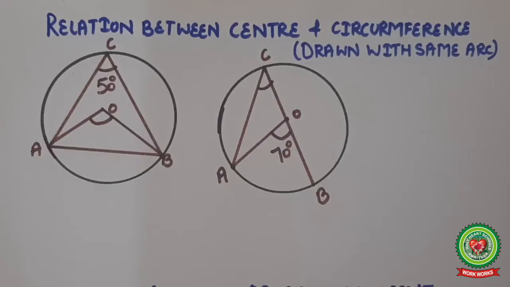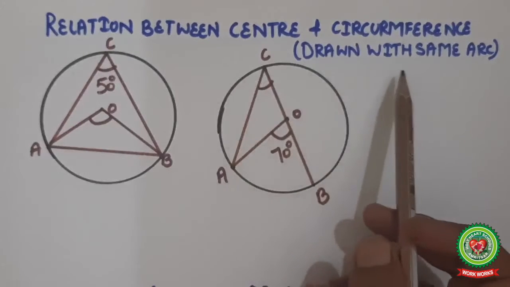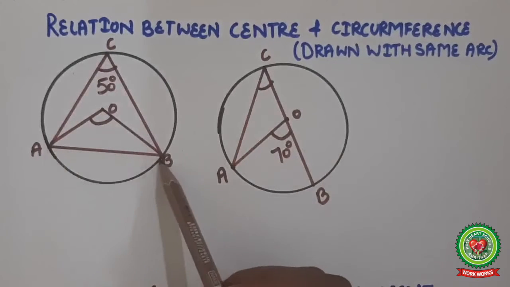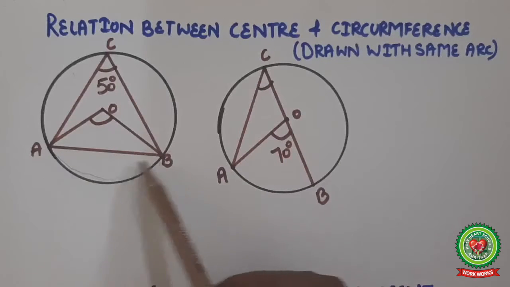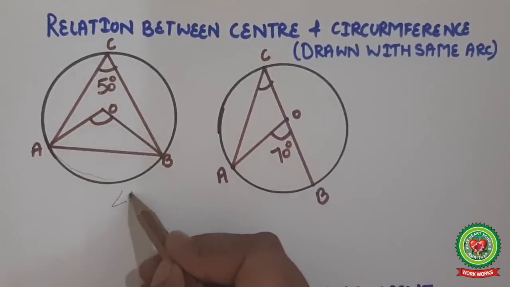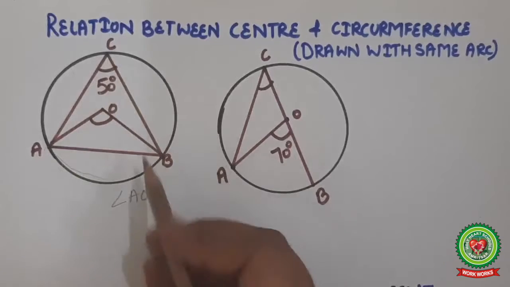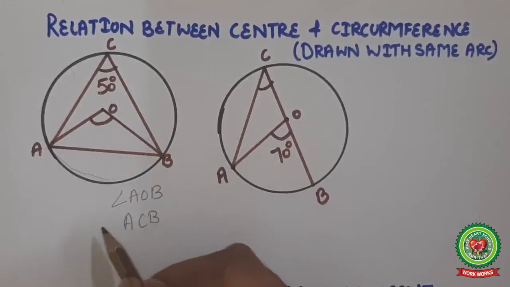Students, before starting with the question related to the theorem which we have discussed just now, I want to give you some hints which will make the concept of central angle and angle at the circumference clearer. Now see, in this figure, this is an arc AB, and from arc AB, which angle is made? That is angle AOB, and from the same arc we have an angle ACB.